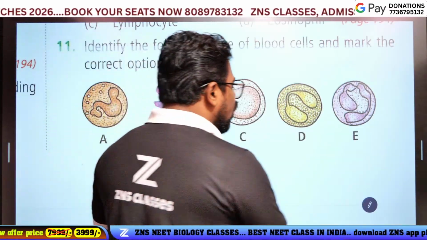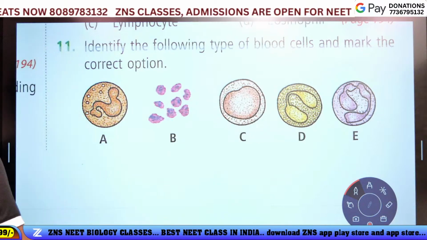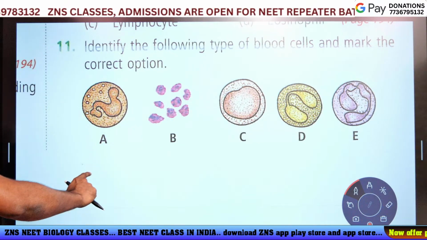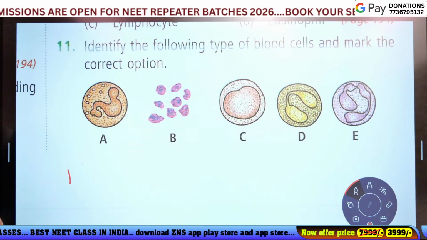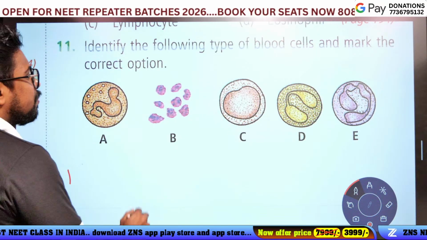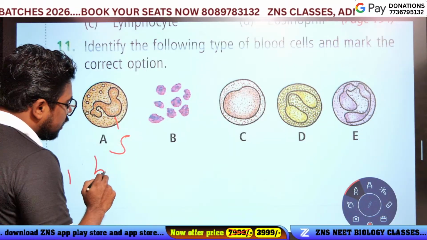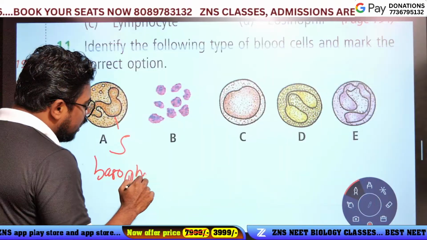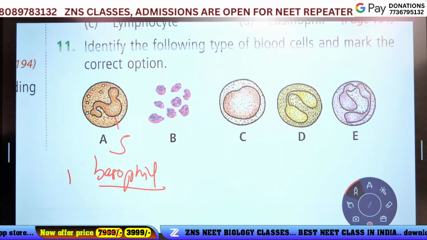First of all, study in detail your NCERT book. Who is this? It is basophil, because the basophil has an S-shaped nucleus. And who is this?